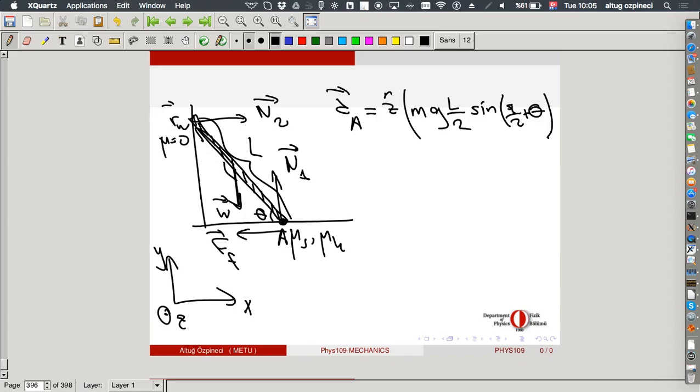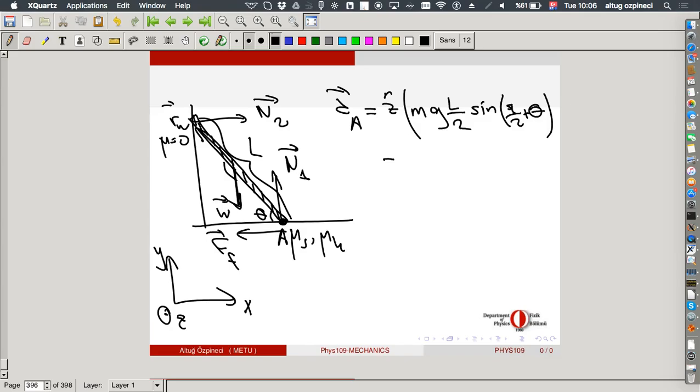Now let's look at the torque created by N2. What is the direction of this torque? This is the position vector, the point at which the force is acting, and this is N2, the force. If you imagine rotating this position vector towards N2, this is the direction of the torque, into the screen, in the minus Z direction.